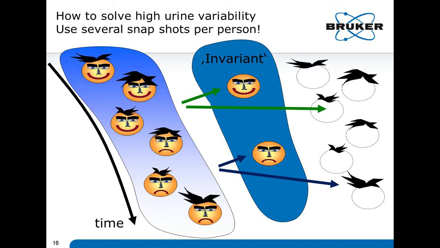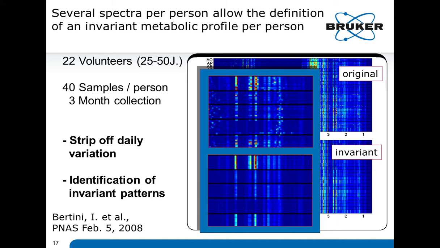So we have developed a routine where I can subtract this variability. You see that here with a person who changes the hairstyle, it's still the same person, it doesn't change. Or another person, we have exactly the same thing.